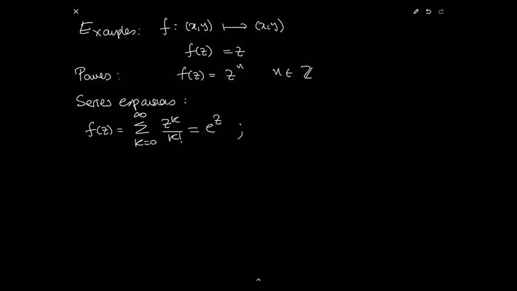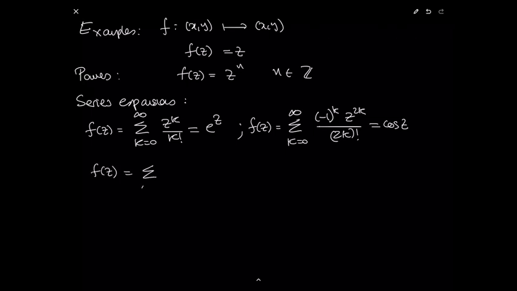And we can do f of z equals the sum from k equals 0 to infinity of minus 1 to the k z to the 2k over 2k factorial. And what's that? Cosine of z. You can see where I'm going with this. Let's just do one more for completeness. And minus 1 to the k z to the 2k plus 1 over 2k plus 1 factorial. That's sine of z. All of these are legitimate functions of z.